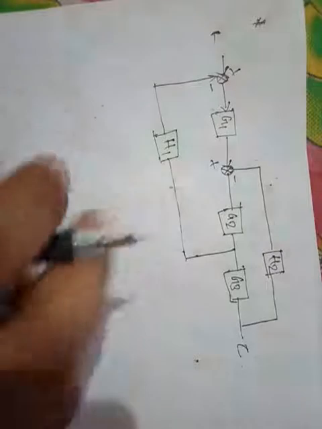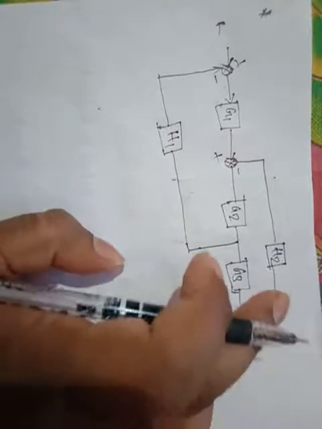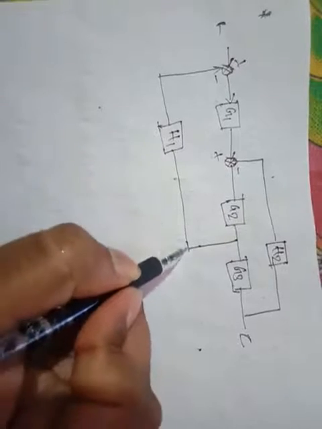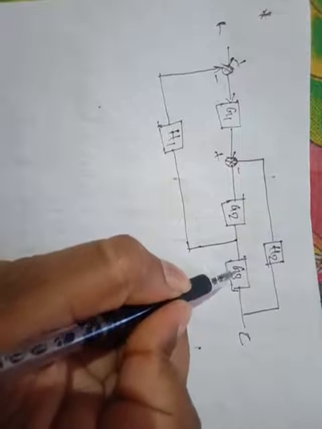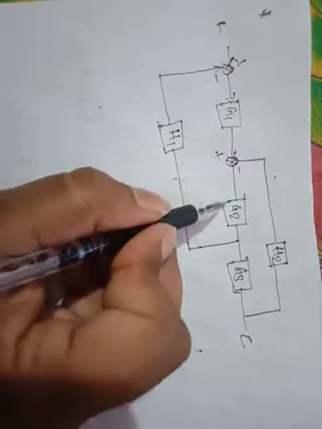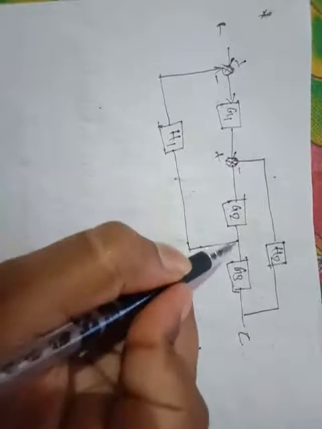Here are the two feedback elements, H1 and H2. The feedback path is connected between the transfer functions G2 and G3, and another summing point is connected between G1 and G2.